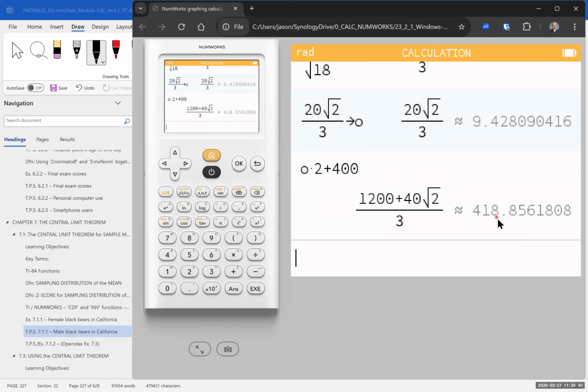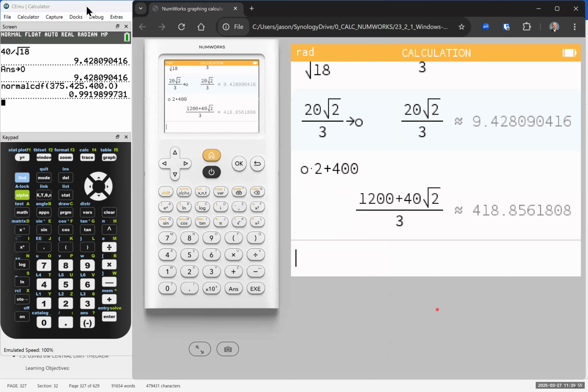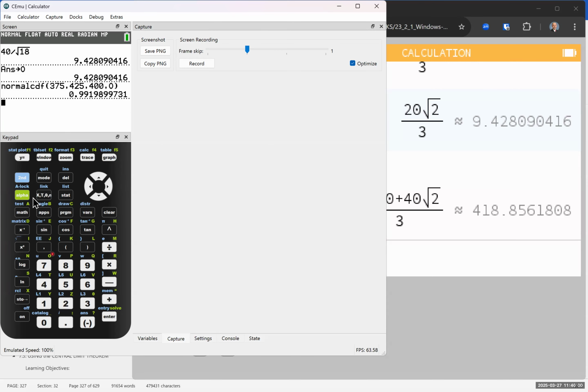There we go, 418.85. With the Texas Instruments, we can do the same thing. Here we have to use a capital O, so it's alpha 7 times 2 plus 400. And you can see we get the same answer.